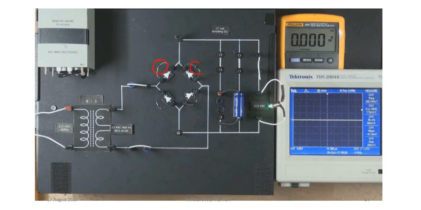These are the physical diodes you see in the circuit. There are 4 diodes present, which are connected according to a bridge rectifier that you have seen. Here you can see the capacitor is connected in parallel, and at the output the resistance is present in the form of an LED.